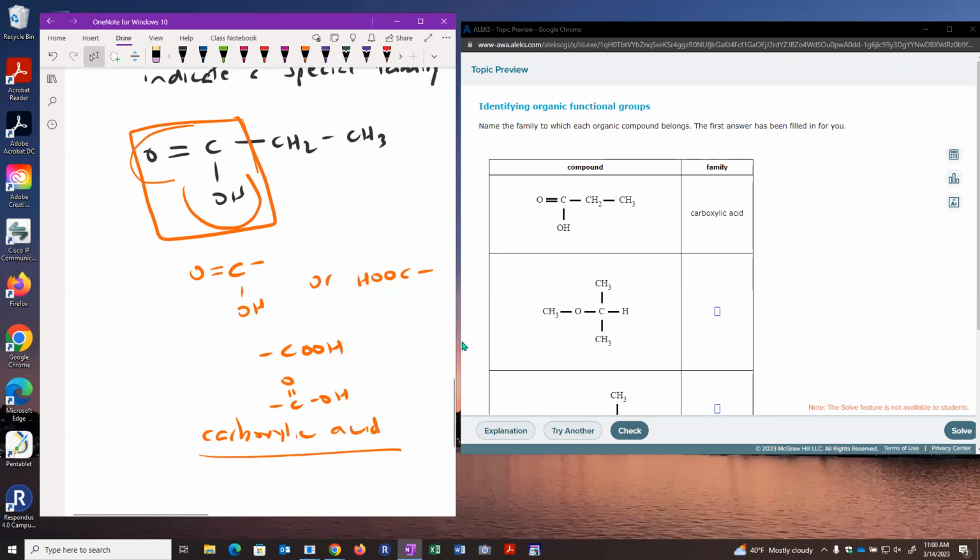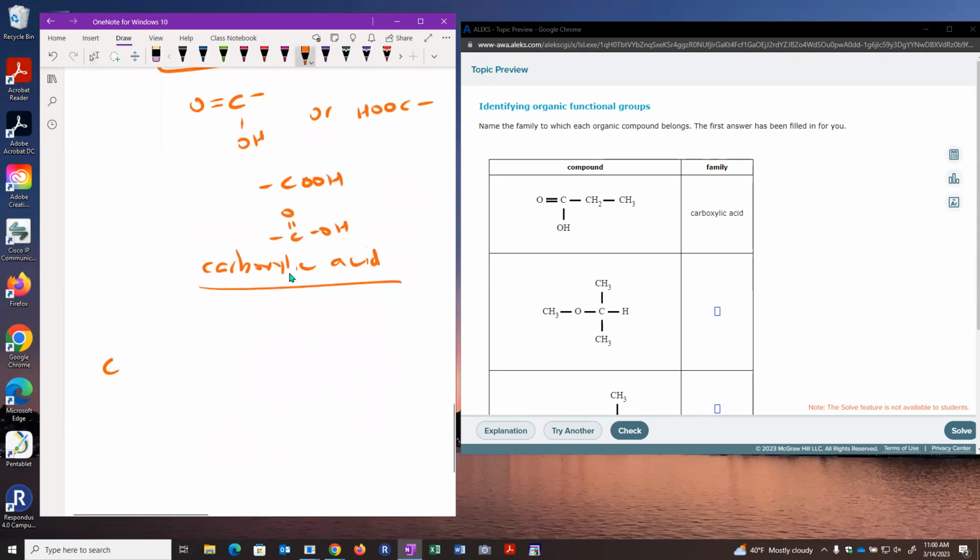All right, so if we do the second one, this one down here, so I have a CH3 connected to an O, a C, an H, and two CH3s above and below. Again, we're trying to, first of all, identify any atoms other than carbons and H's.